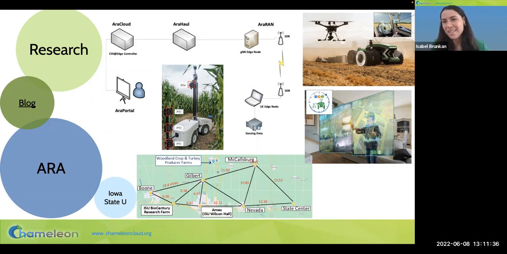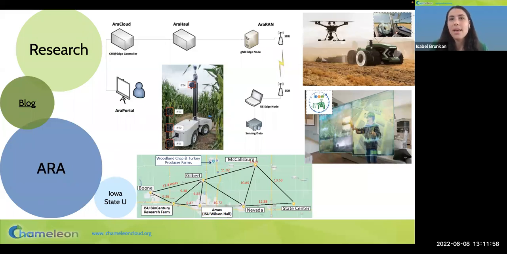But so ARA is the user that is using Chameleon to design the future of agriculture. It's based at Iowa State University and it's deployed across rural Iowa as well. And they're working to deploy advanced wireless access for agricultural and educational purposes.